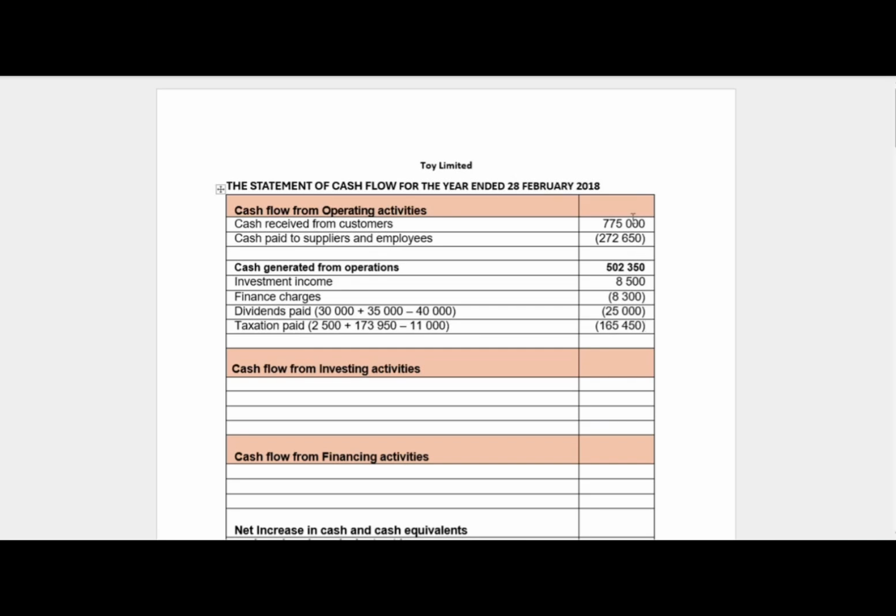And then I am getting a cash flow from operating activities of 312,100. I believe you all get that. That's what I got. That is my cash flow from operating activities. We're done with that one, right?